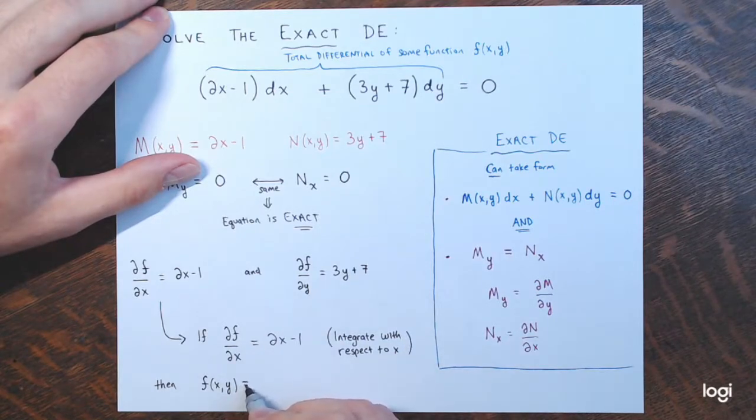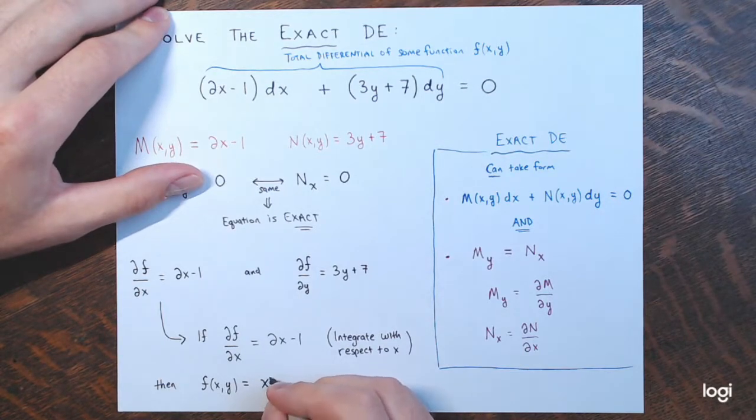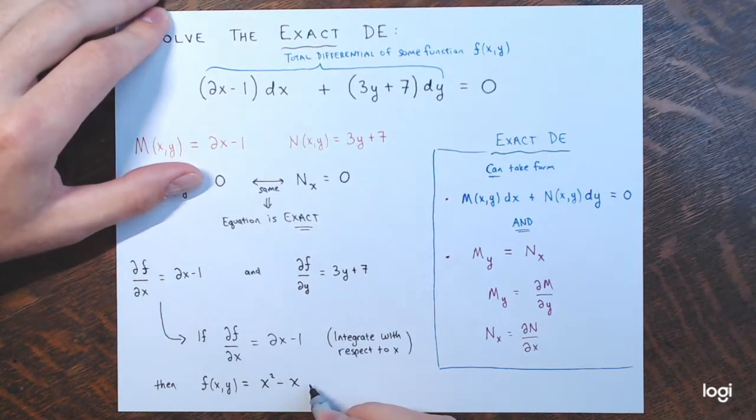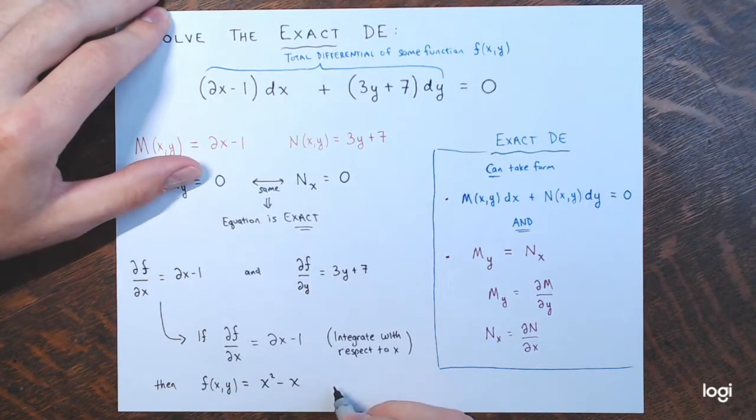So I'd have f on the left, and then integrating this function with respect to x would be x squared minus x, and then, I'm doing the indefinite integral, so remember, plus some constant.